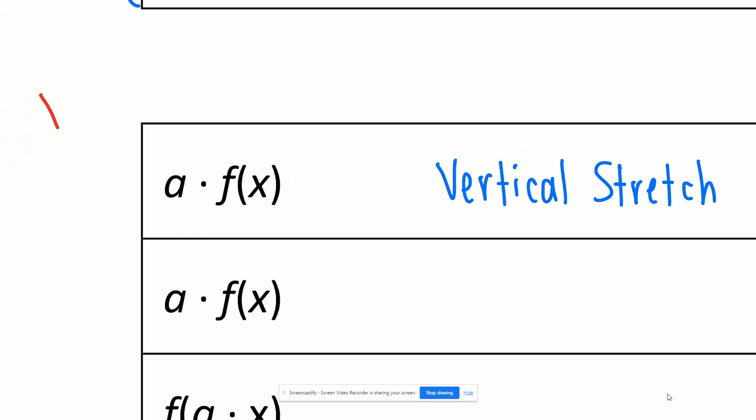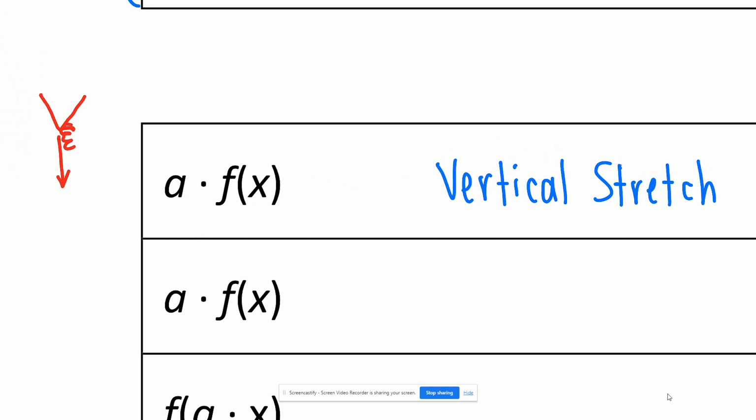A normal absolute value function looks something like this. It's a V. Imagine if I took my hand and grabbed right here, that's my hand, pretty good drawing, I think. If I grabbed right there and pulled it down this way, I vertically stretched it.